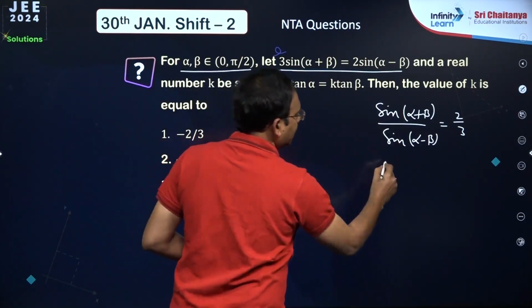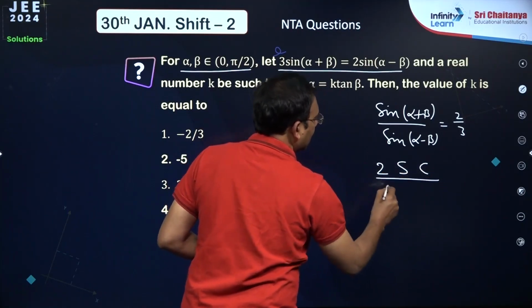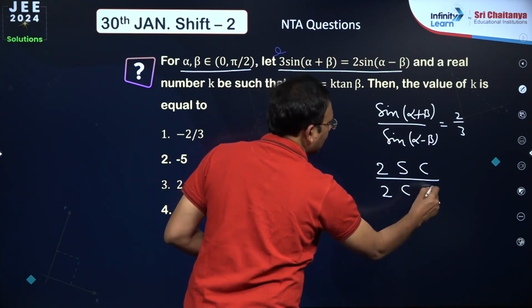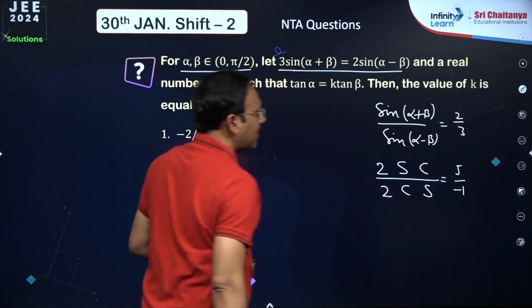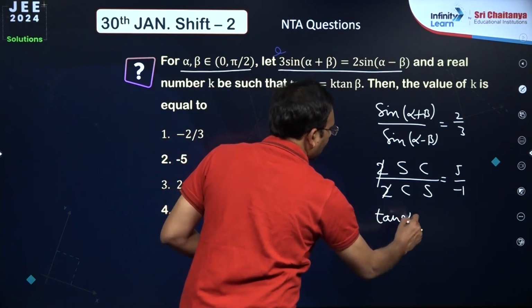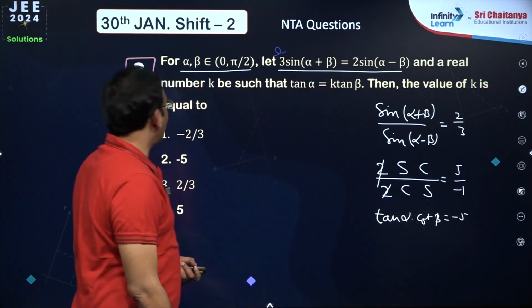So, this plus this will give you 2 sine alpha cos beta, and the difference will give you 2 cos alpha sine beta, equal to sum is 5, difference is minus 1. So, this is going to be tan alpha into cot beta is minus 5. That's what he said.